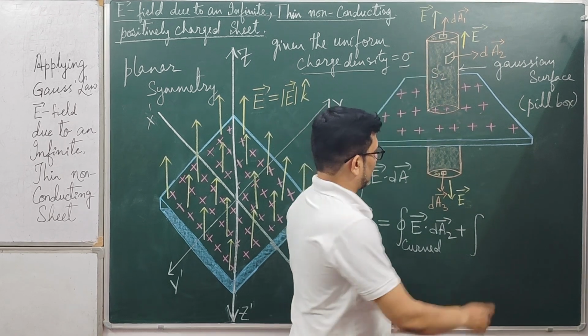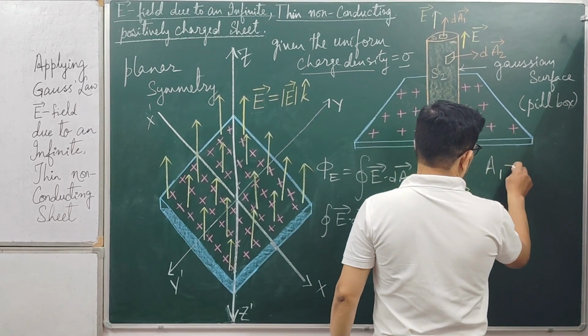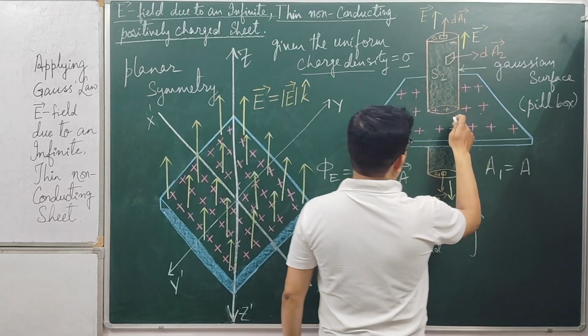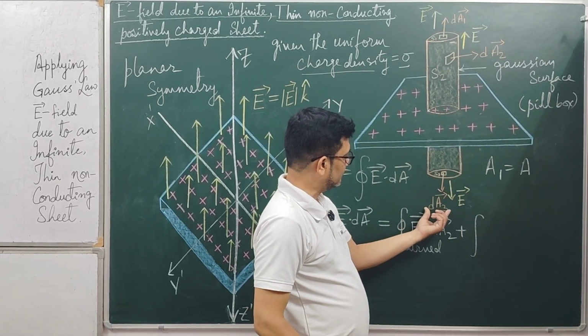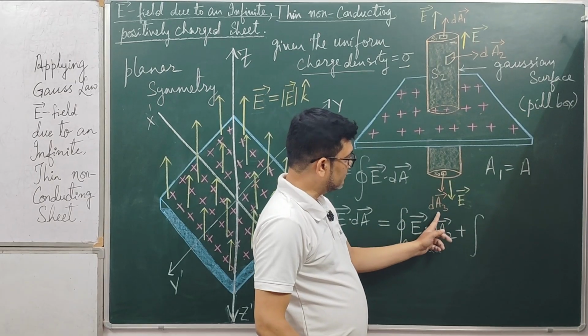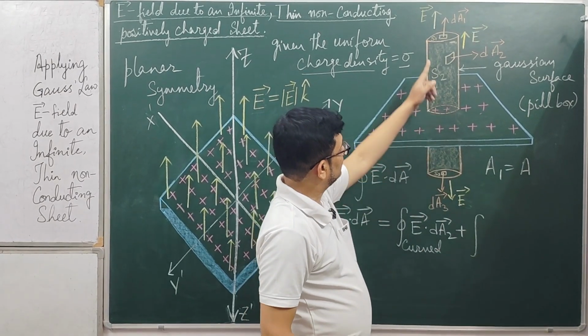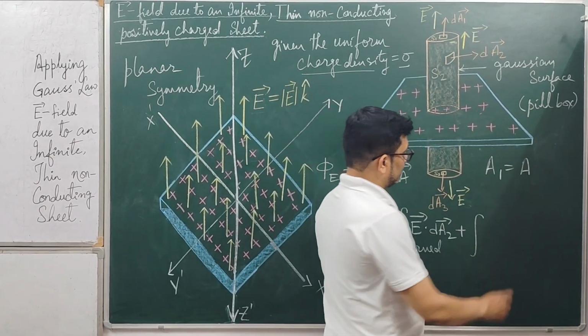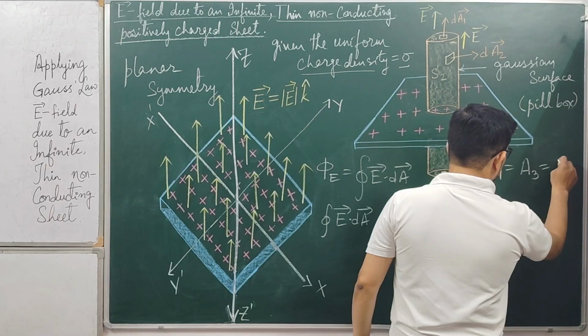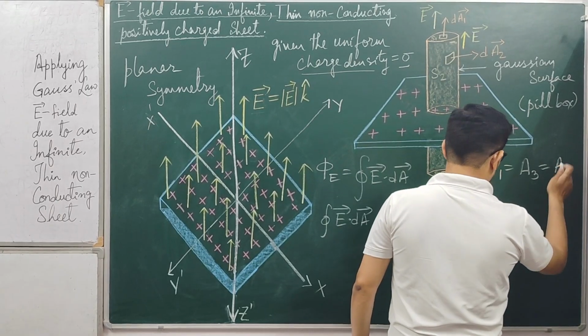I mean, A1 is equal to A3, right? We have denoted the bottom surface as A3. So this is elemental area A3, and there we have elemental area A1. So basically we have A1 equal to A3, which is equal to A, suppose, or whatever.